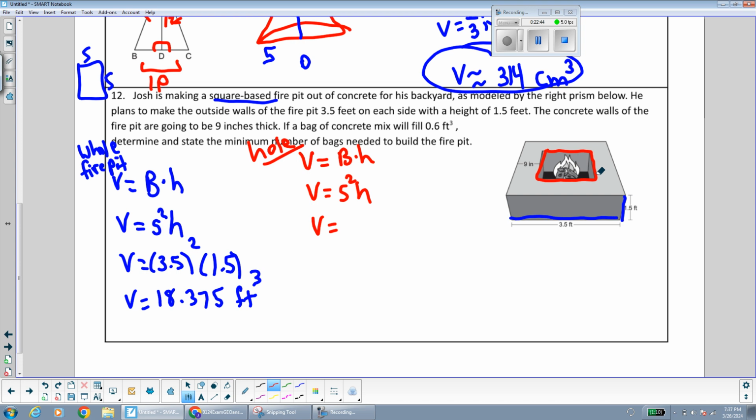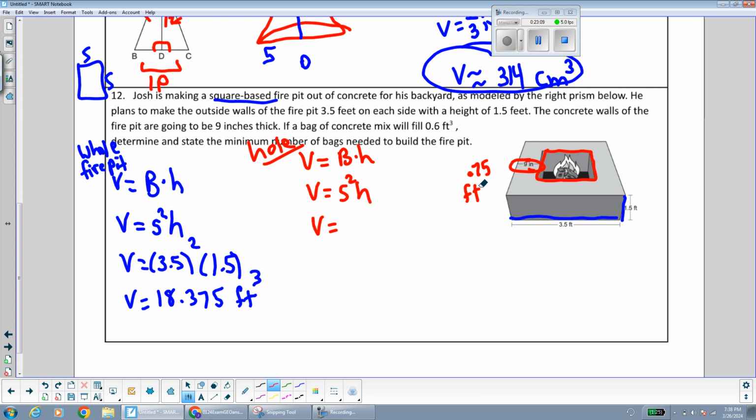So the tricky part here is figuring out what one side of this fire pit's hole is going to be. And be careful because this 9 inches is in inches, but everything else was in feet. So before I even get started, I'm going to convert that 9 inches to feet by dividing it by 12. And that is 0.75 of a foot.